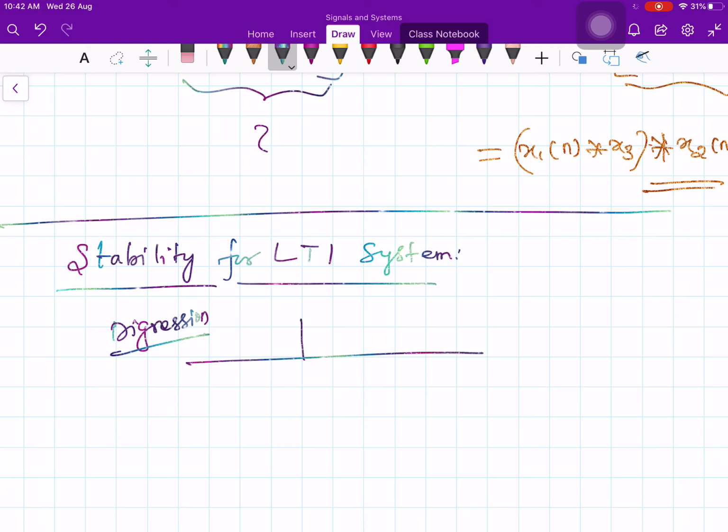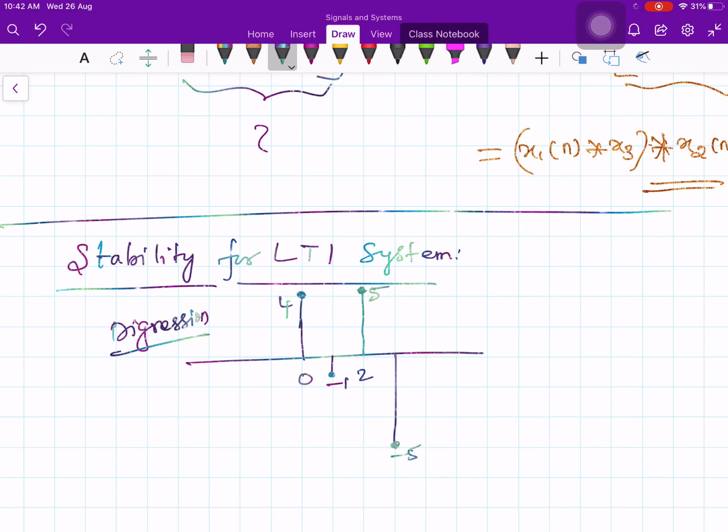Okay. So let us say at 0 I have a magnitude of 4, then at 1 I have minus 1, at 2 I have some other value 5, then at 3 I have, let us say, minus 2.